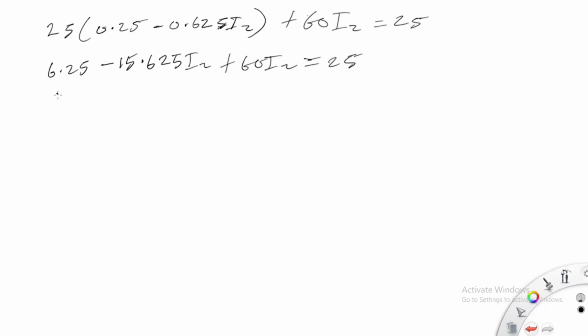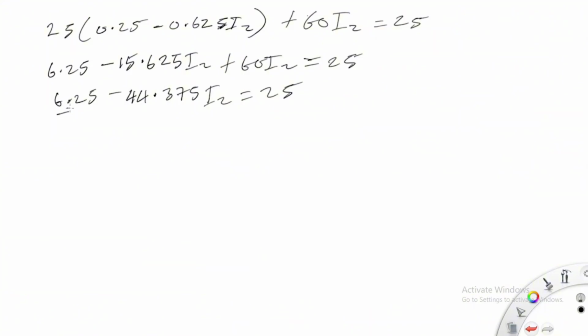So having done that, we would sum them up. So what we have here, we would have 6.25 plus, when we add them up together, 44.375 I2 is equal to 25.